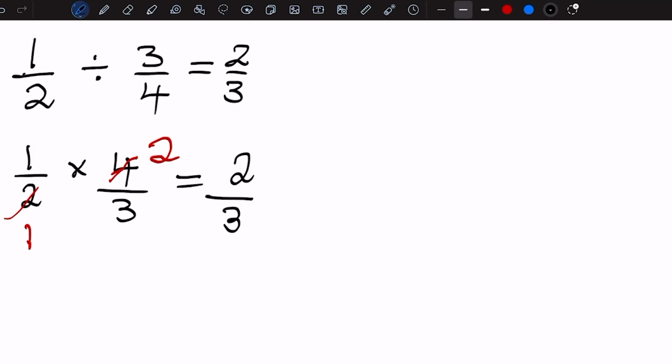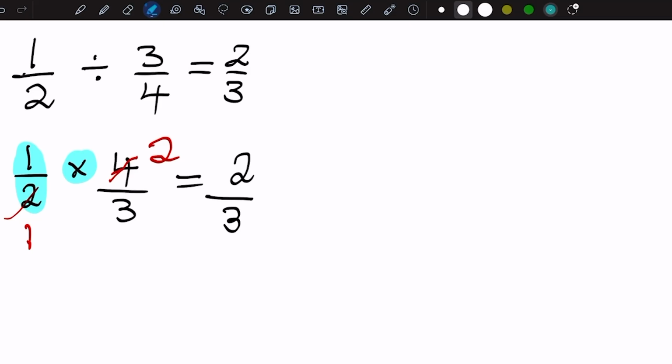Why? Because we follow these 4 steps. Let me give you some highlights. Write down the first fraction. Change the division sign to multiplication. Then we find the reciprocal. And remember, reciprocal means that we're flipping the fraction.